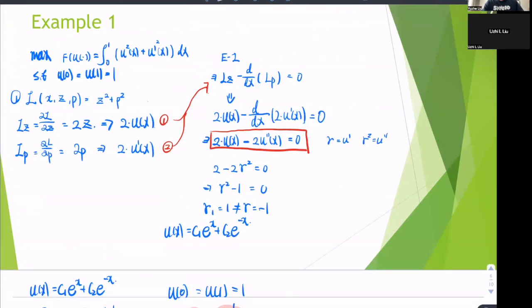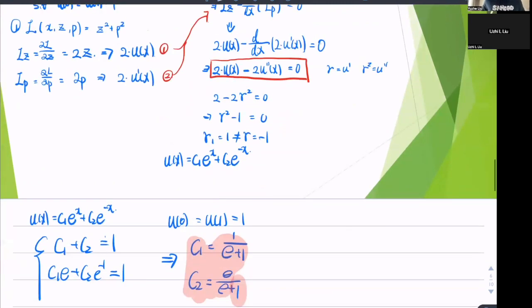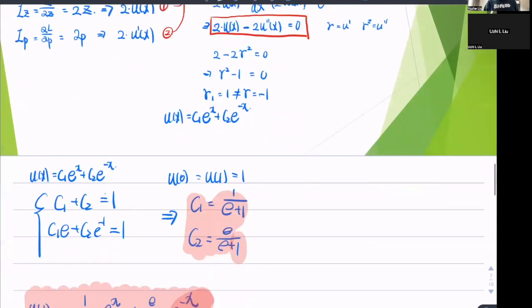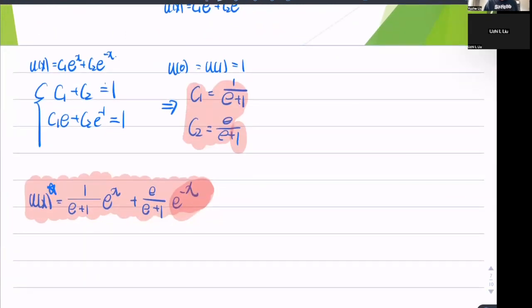Now we just solve it by the characteristic method, and by inputting our boundary points or constraints, we will solve for C1 and C2. Then eventually we'll have a minimizer. So U star of x is the minimizer for the functionals.